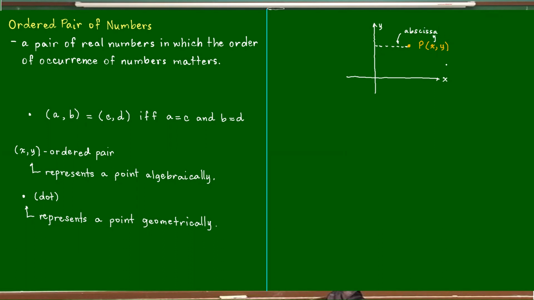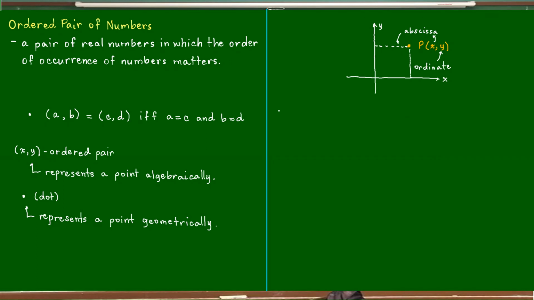Am I correct, guys? And then the vertical directed distance, because it can be negative or positive, of P from the x-axis is called the ordinate. Okay? So in this ordered pair, we call the second component the ordinate.